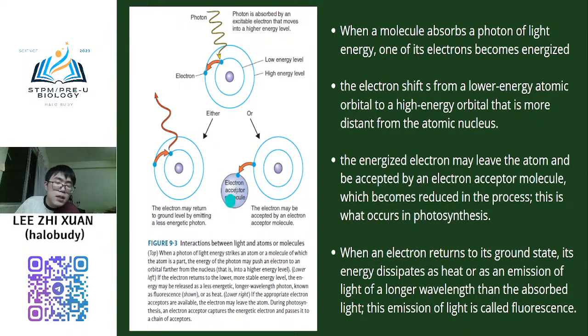Normally this electron acceptor molecule is the hydrogen ion. It will accept this electron, hydrogen ion. After it accepts the electron, it becomes reduced in the reduction process, and this is what occurs in photosynthesis. This is the theory.